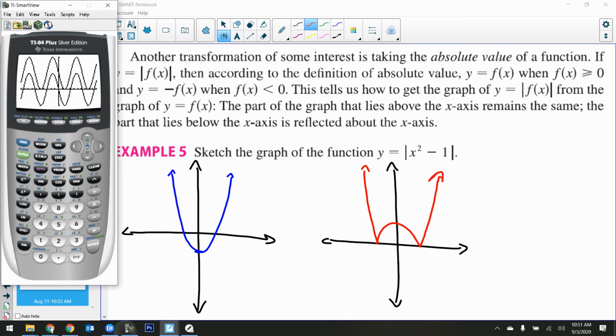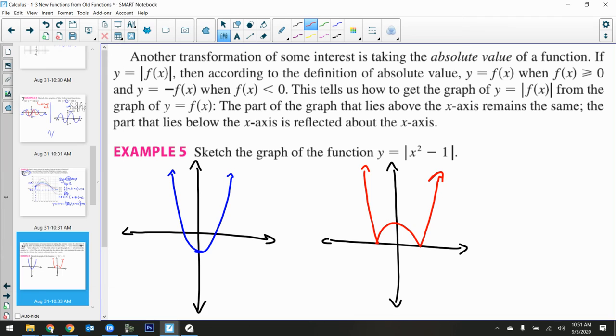Yes, your calculators will do absolute value. It's in math, number, abs. X squared minus 1, zoom 6. You see that? So if you ever were testing it out, yes, it will do absolute value.